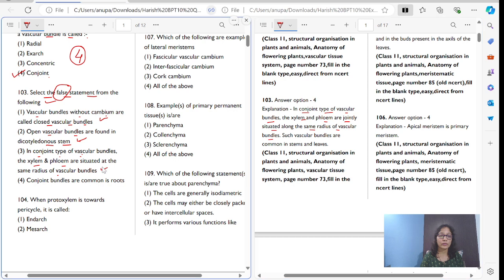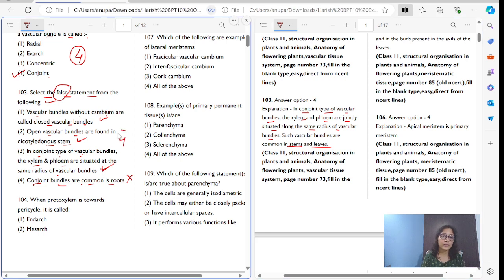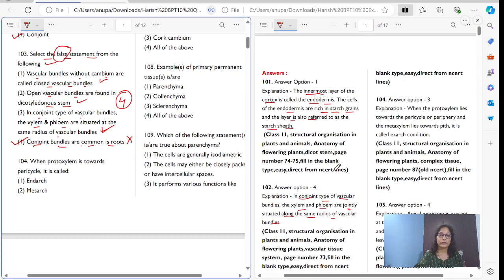So this statement is also correct or true. The fourth option is conjoined bundles are common in roots. This statement is false. Conjoined bundles are not common in roots, they are common in stems and leaves. So the correct answer for this question will be option number 4. Let's move to the next question, that is question number 104.